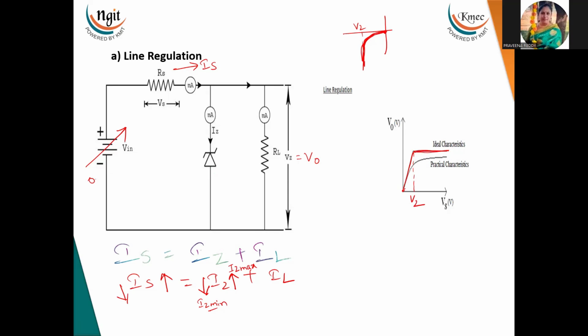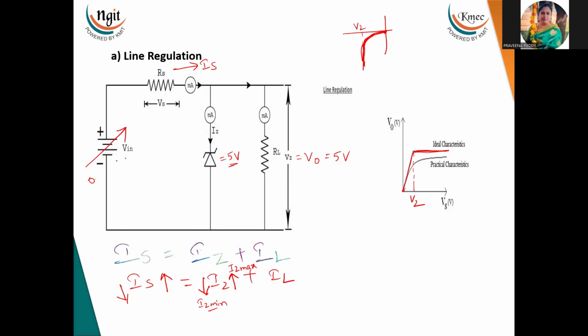Now this is for the ideal case and this is for the practical case. The practical case is where we have to consider the resistor drop. For example, if I want the output voltage as a fixed 5 volts, then I have to pick a Zener with 5 volts breakdown. Then I have to calculate the resistor: if I know the IS value and the RS value, I can calculate the voltage drop and accordingly fix the Vin value.